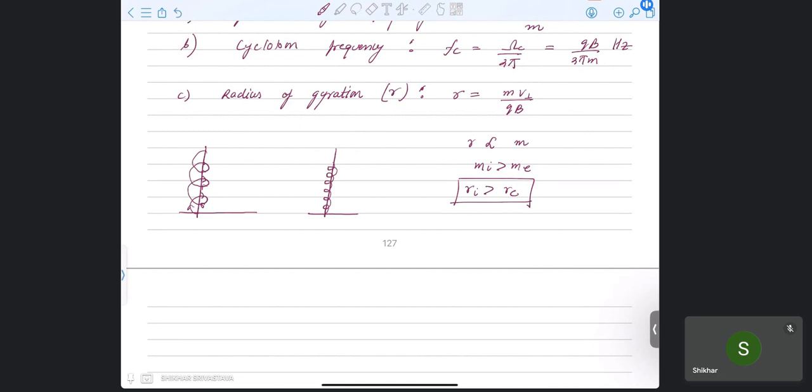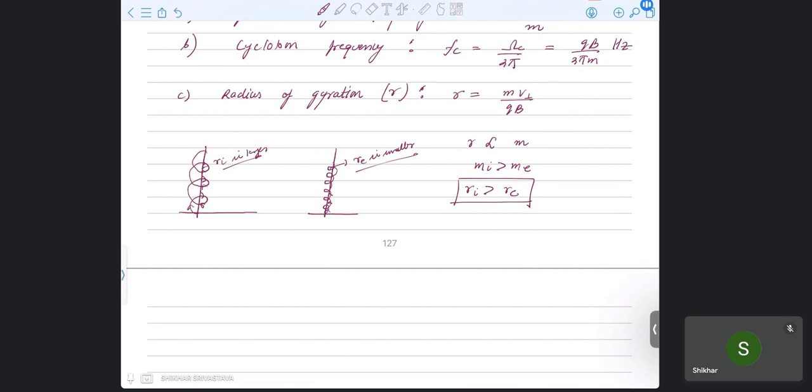Why? Because the radius of this helical path is very small, and the radius of this helical path is larger. So this needs to be kept in mind. The radius of gyration of ions is always greater than the radius of gyration of electrons.